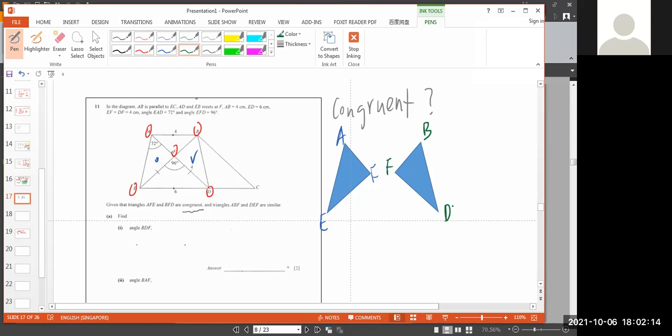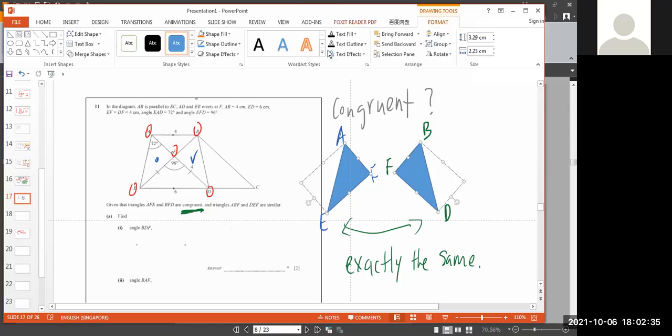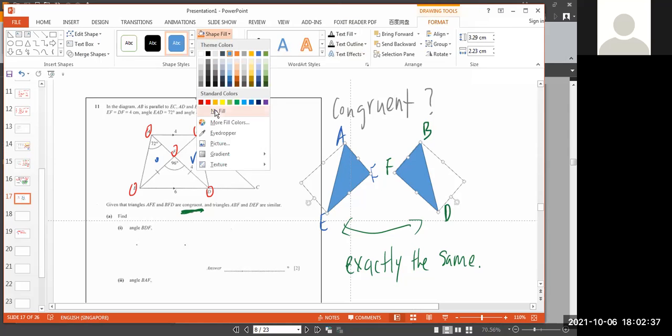So just now, they say congruent, right? What's the meaning of congruent? It means these two are exactly the same. So far, so good? If they are exactly the same, let me just not fill it with anything.